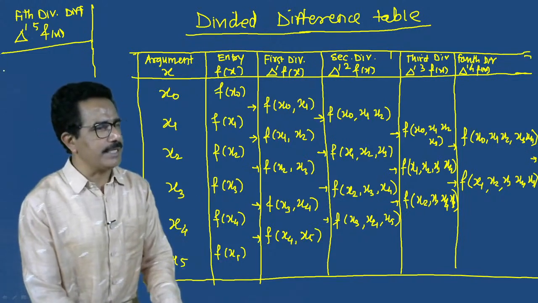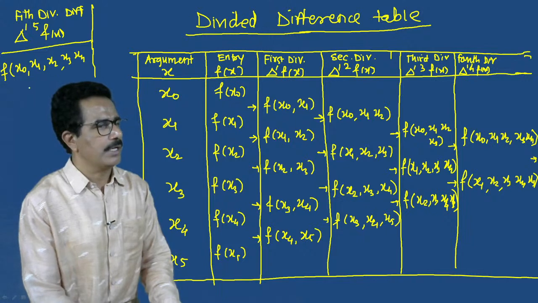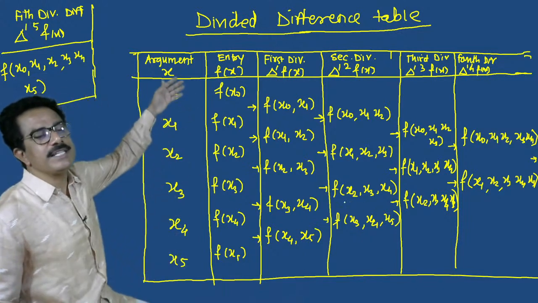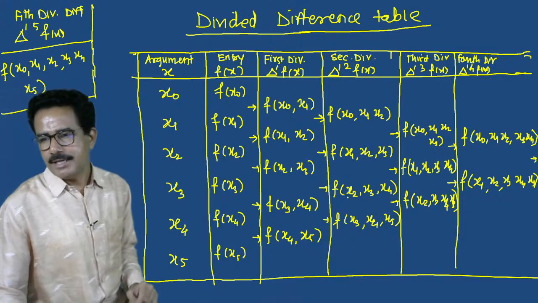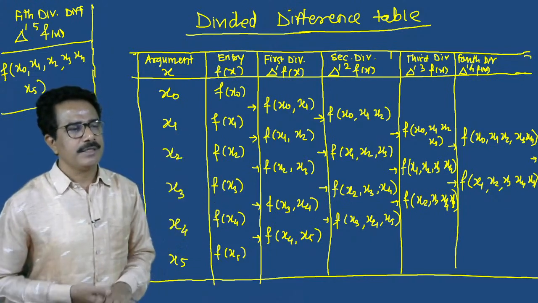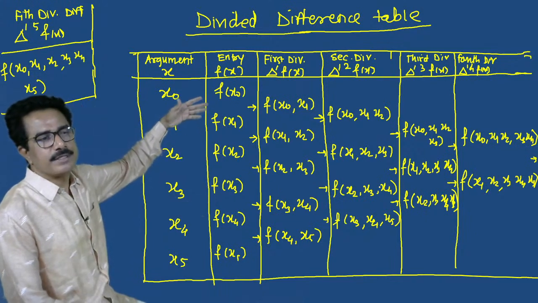Then we have to write f of x0, x1, x2, x3, x4, x5. Thus the final is the fifth divided difference. You can find it, right? So we can construct the differences for divided difference.